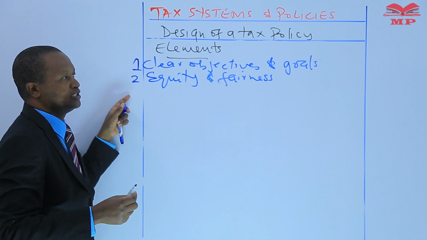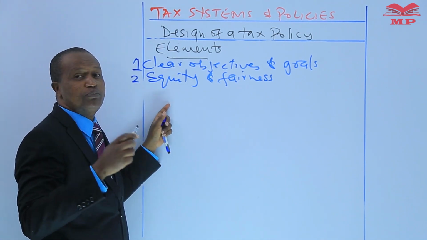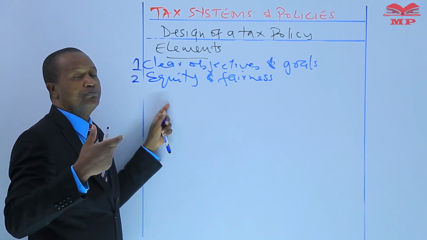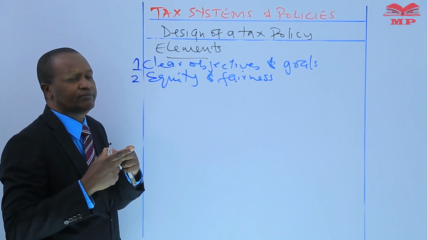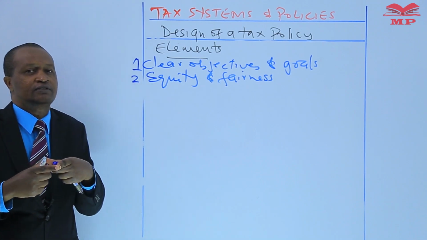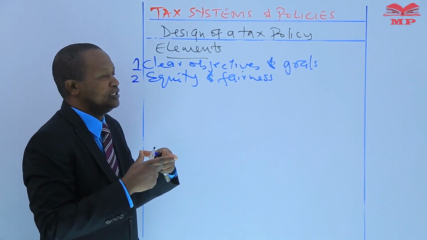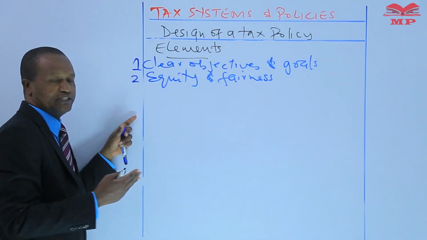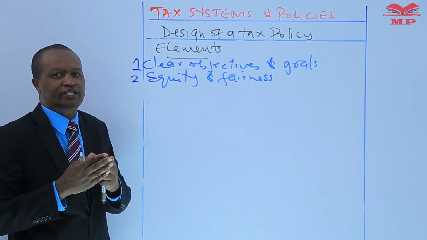It's important to assess the fairness of the tax policy by considering progressive, proportional, or even regressive tax structures. Then it is also critical to determine who bears the burden. Who should bear the burden of tax?